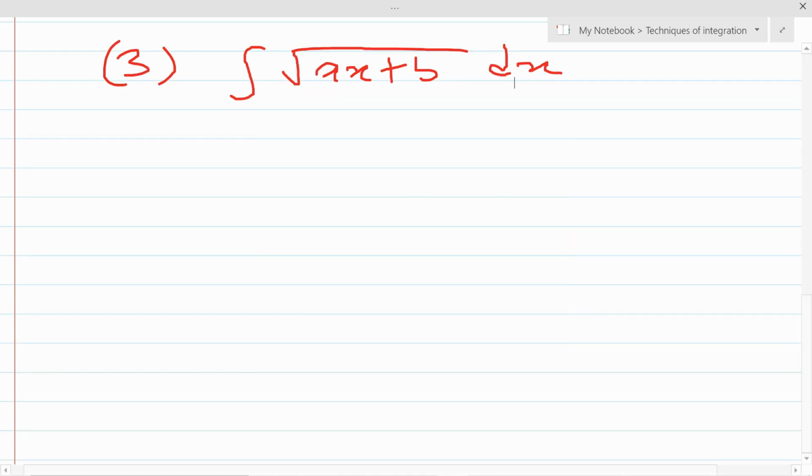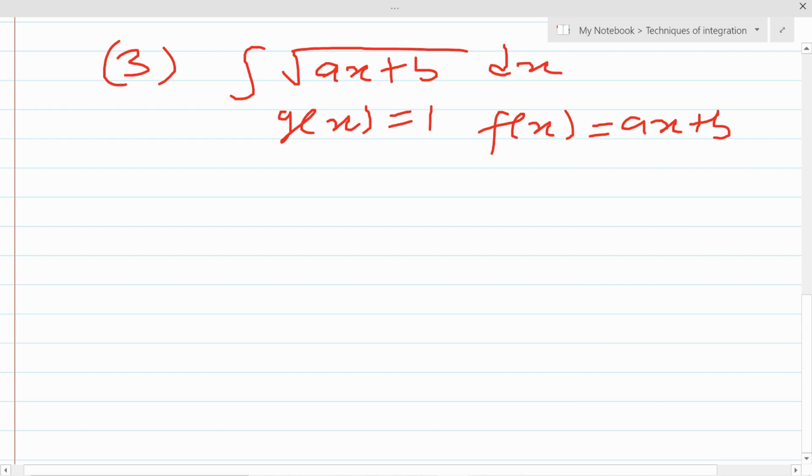Alright, so with this question above, you can see that there's a square root sign here. So one thing that we can do is say that g of x is actually equal to 1, since it's 1 times something. Now f of x is equal to ax plus b. So here the only thing we can do is let u be equal to ax plus b.